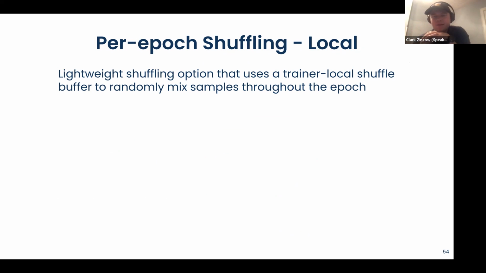So each trainer could have a couple of gigabytes of local CPU memory that it fills up with these samples, and then at a certain point, it decides, okay, I filled up my buffer enough. I'm willing to sample from this buffer. And then it'll pop off these shuffled GPU batches.